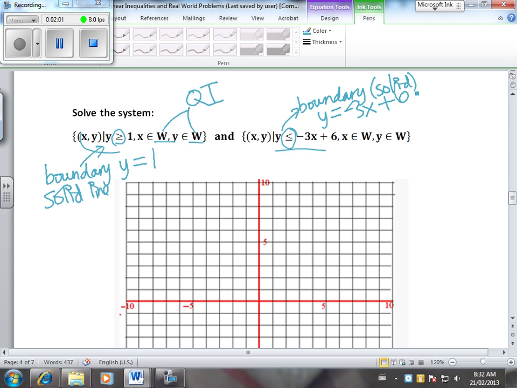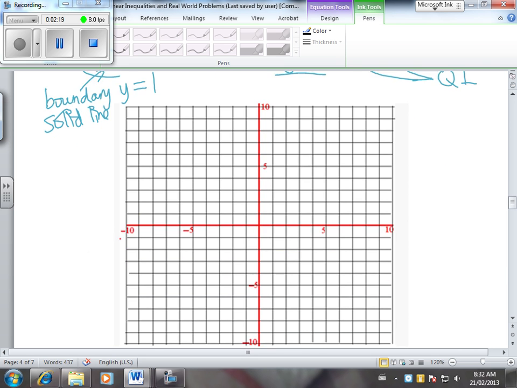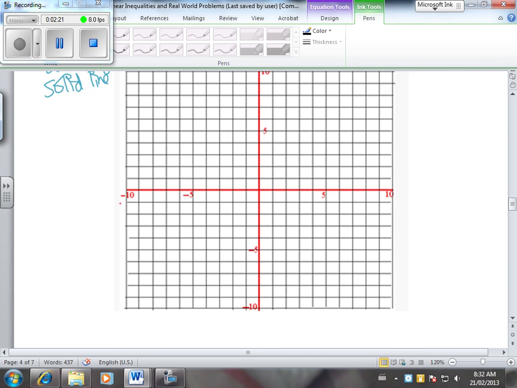And once again, our whole numbers tell us that we'll be working in quadrant 1. When we say we'll be restricted to quadrant 1, that is for the solutions. So let's first graph y equals 1 for our boundary.